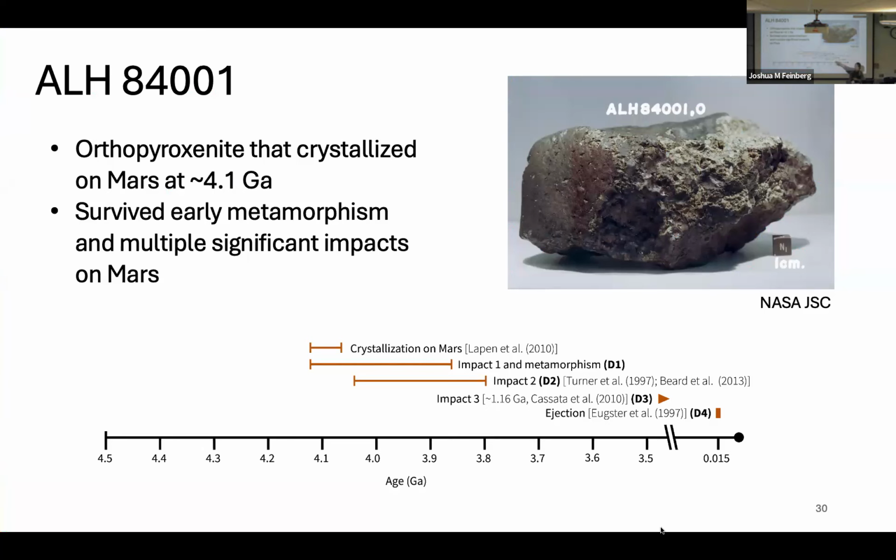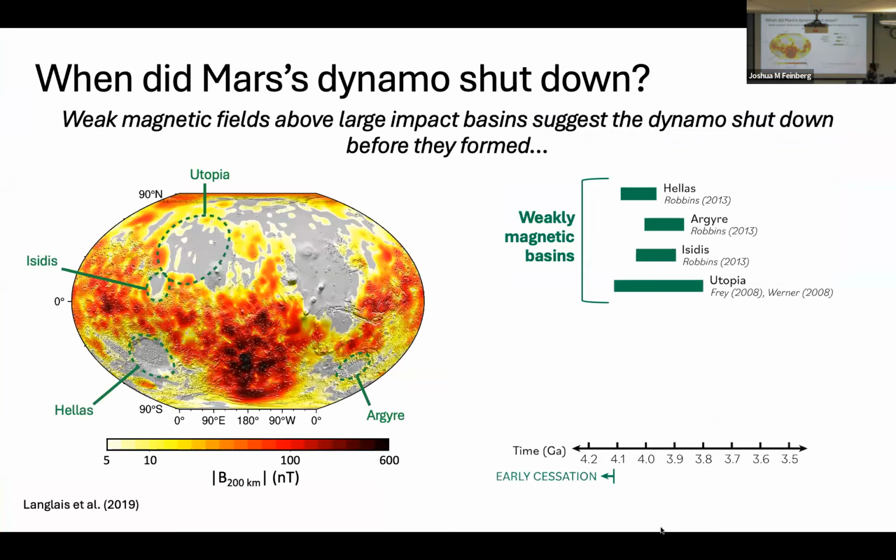But since its crystallization 4.1 billion years ago, it experienced an early metamorphic event and also some later impacts that probably heated the meteorite. So to put this in the context of Mars's magnetic history more broadly, I would say the main question that we have right now about Mars's ancient dynamo, because Mars used to have a dynamo at some point in the past, and that shut down. It no longer has an active dynamo.